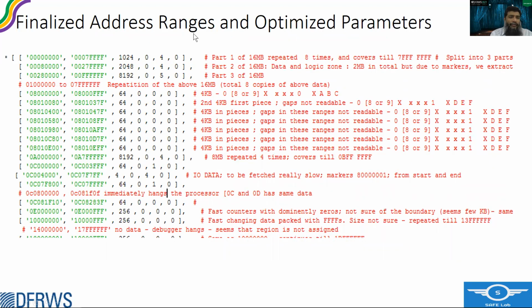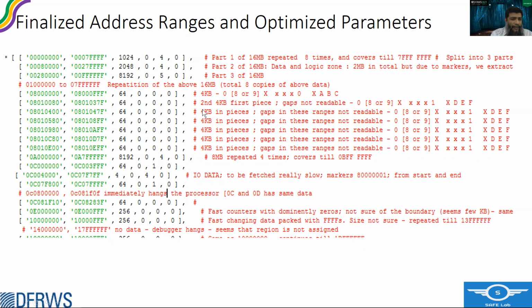The finalized address ranges, some of them, if you see here, these three, it's like a 16 MB block, and it is repeated like 8 times till this particular address. So only acquisition once is sufficient.